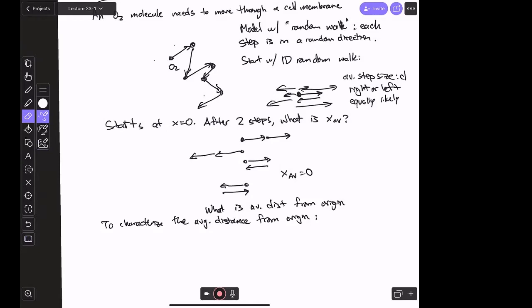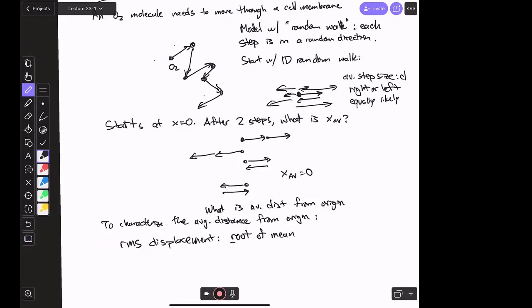And then we'll take the average of those squares, but we want to think about the average distance, so then we're going to take the square root of that. So this is kind of a standard thing in science, which is called the RMS displacement. You'll encounter this in all kinds of different areas of science, where the RMS stands for the root, the R, of the mean, M, of the square, S.